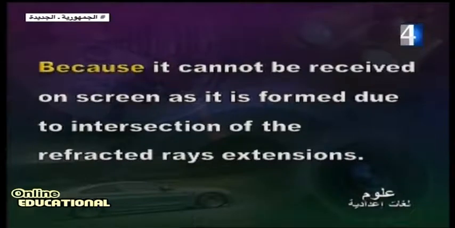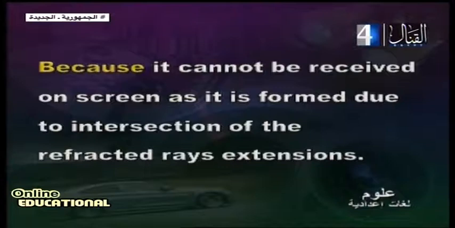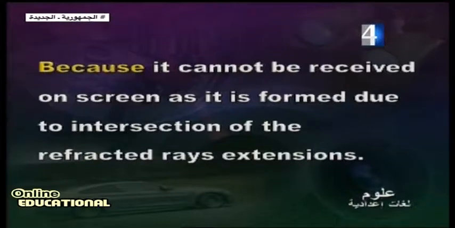We can't receive image that is formed by concave lens on a screen because it's formed by intersection of refracted rays extension. So the image that is drawn by extension of refracted rays is called virtual image and can't be formed on screen.